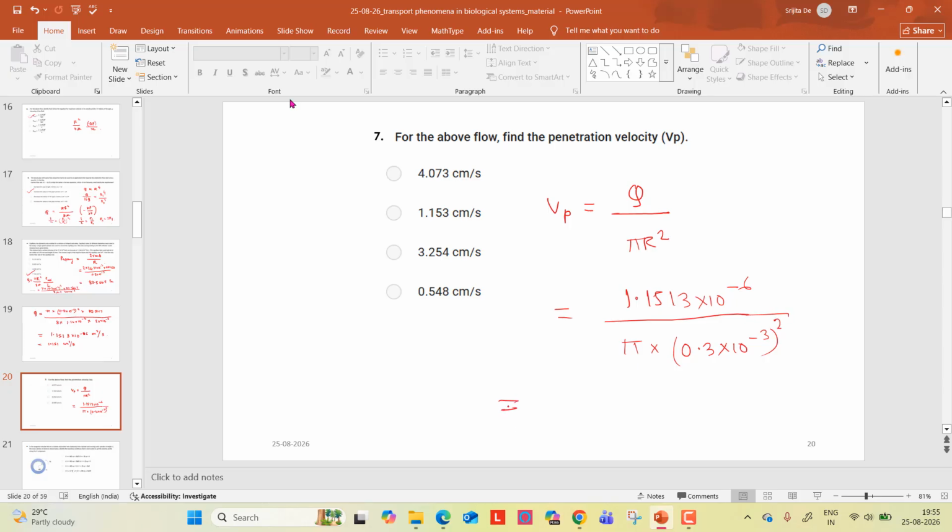So it is coming as 1.1513 divided by 3.14 into 0.3. It is coming as 4.07.